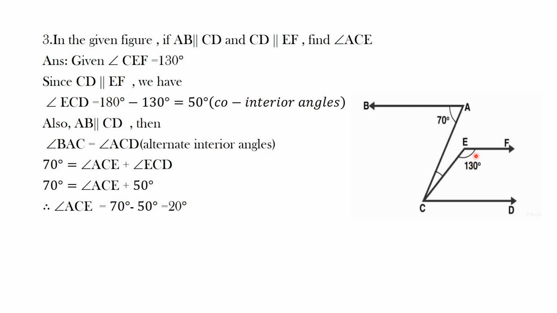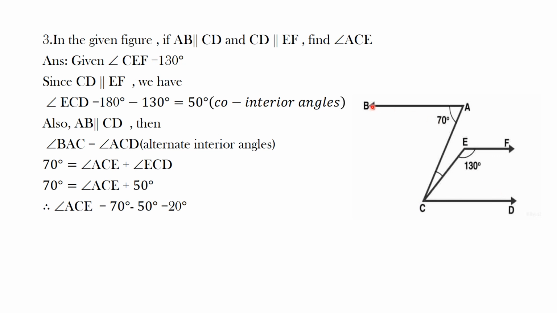Using the condition of co-interior angles, since EF is parallel to CD, I can say angle E plus angle ECD equal to 180 degree. Therefore, angle ECD is equal to 180 degree minus 130 degree equal to 50 degree. Next, AB and CD is taken.